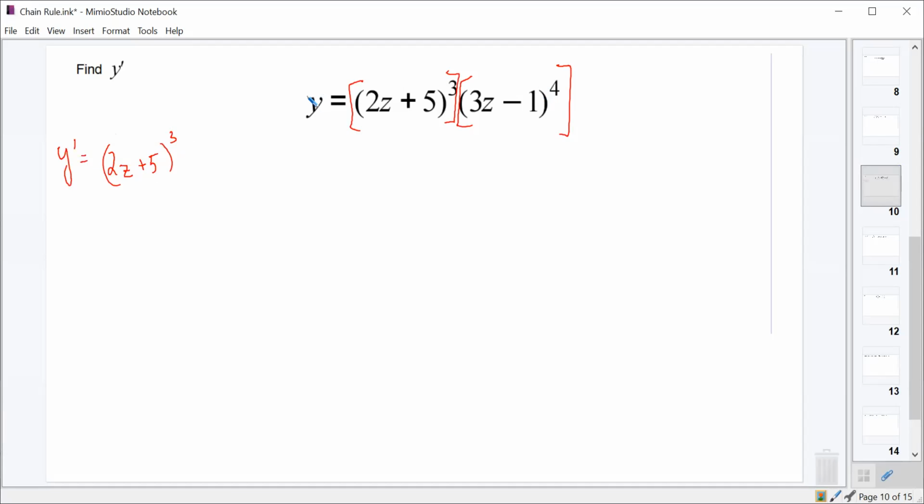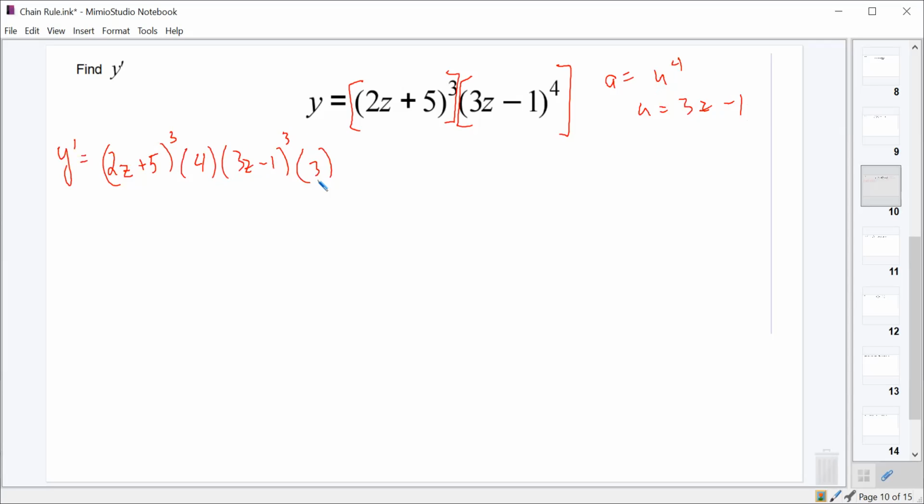Why don't we say a is equal to u to the fourth, with u equal to 3z - 1. So that derivative should become 4u cubed, where our u is 3z - 1, cubed. And then the derivative of u should be 3.